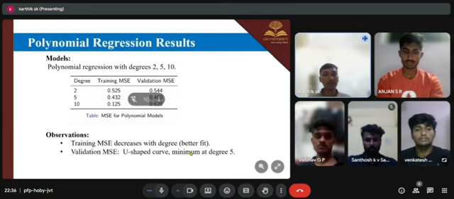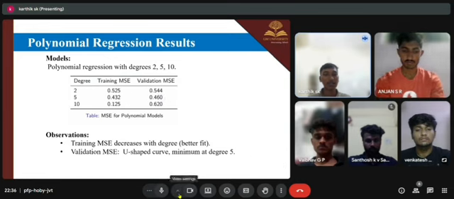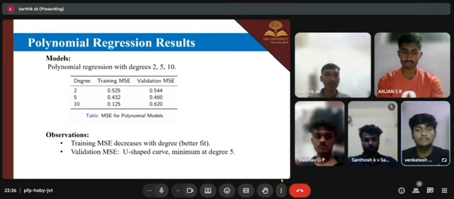Like that, for degree 5, 0.432 and 0.460. For degree 10, it is 0.125 and 0.620. These are the training and validation values for the degrees 2, 5, 10 in polynomial regression, where we trained a polynomial regression with our real-time dataset.